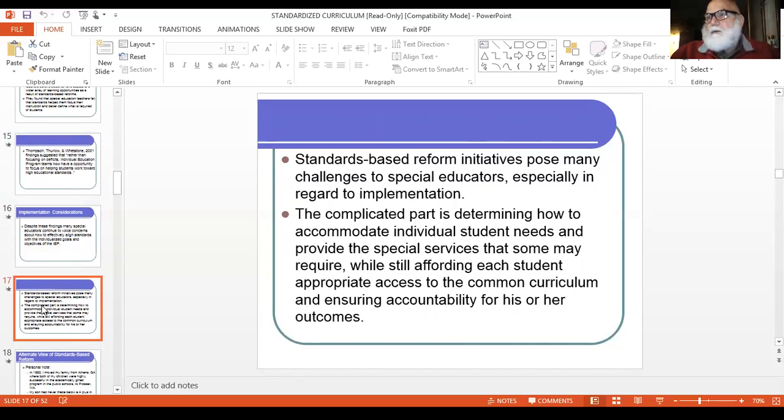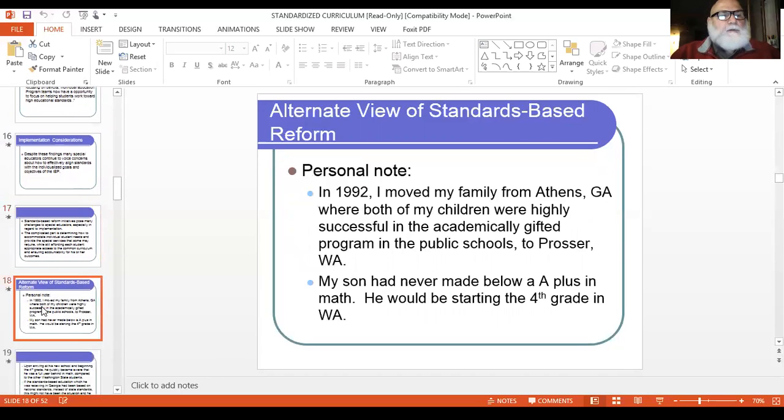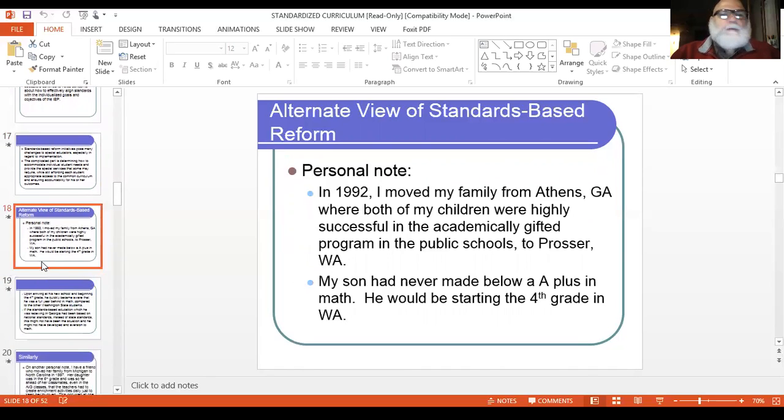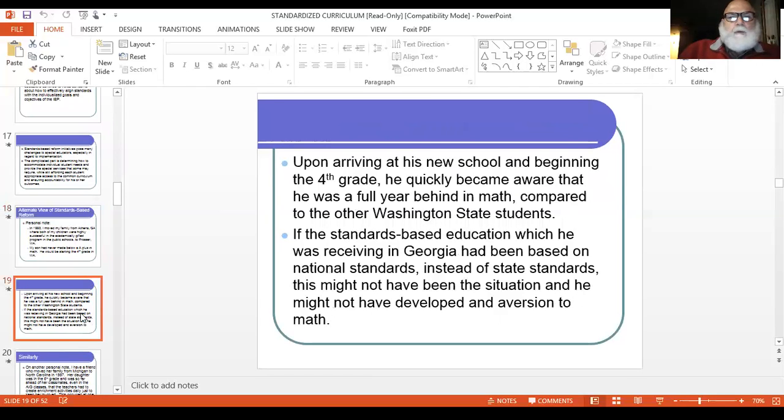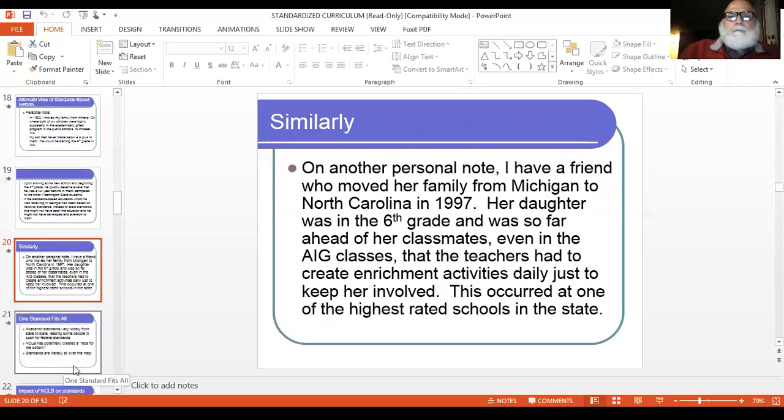Trying to hold EC kids to the same standard as general ed kids is unrealistic. And this is a story that the author of this particular PowerPoint told about the problem with individual state standards: she moved from Georgia to Washington, and her kid was a year behind in math. And then she had a friend who moved from Michigan to North Carolina, and her kid was way ahead.